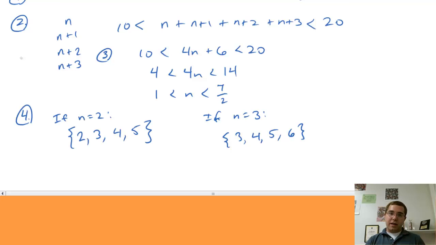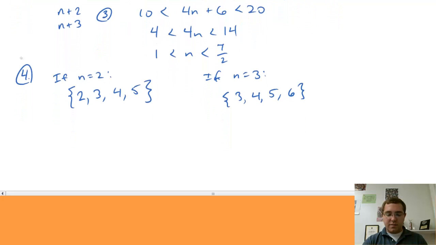And we must show that the next smallest one, the one that starts with 1, is too small. So 1 plus 2 plus 3 plus 4. Well, 1 plus 2 is 3, plus 3 is 6, plus 4 is 10. And 10 is not allowed. We had to be between 10 and 20, so we couldn't be 10. So these are the only two possibilities, since we found all of the sets.